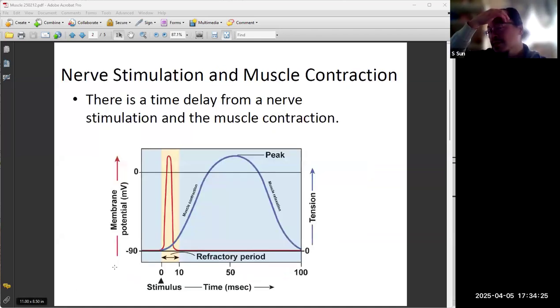So this one is showing you a graph where the x-axis is the time and the y-axis is the action. Here you have the nerve action, where the nerve sends a signal to the muscle, and then you have the muscle action. Muscles start to contract, and you can see that there is a delay.